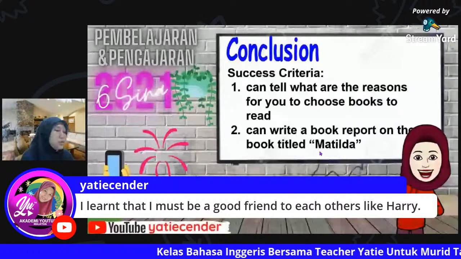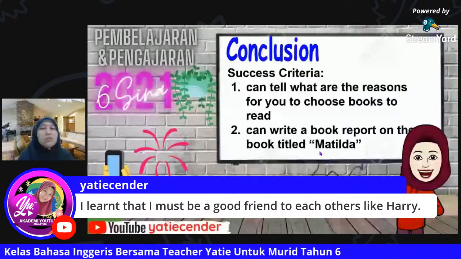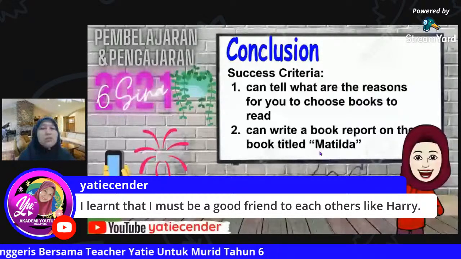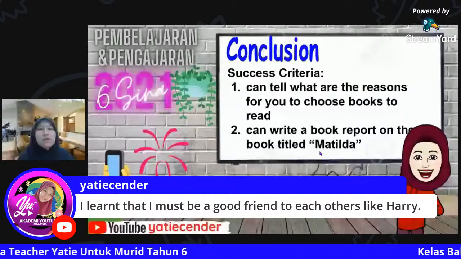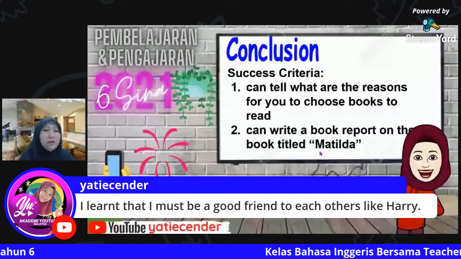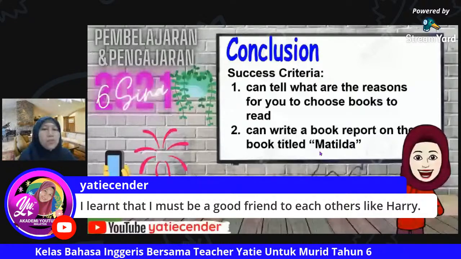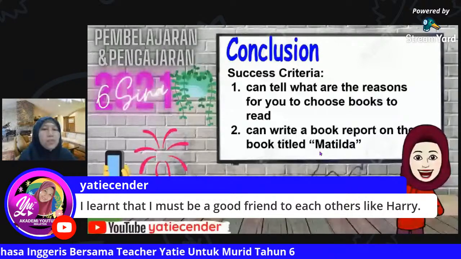Number 2, you should be able to write a book report on the book title Matilda, just like what we did just now with the story of Harry Potter. Now you should be able to write on your own about Matilda.